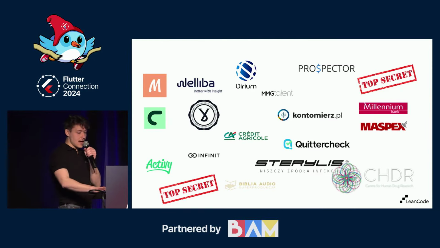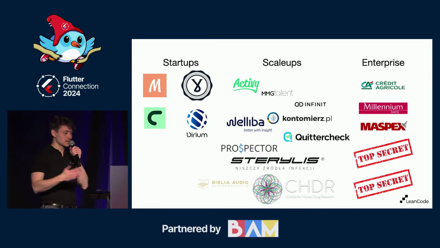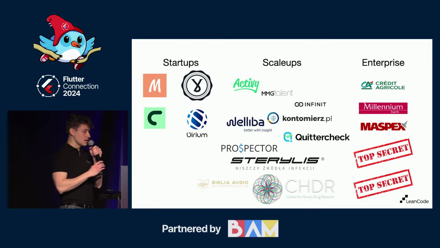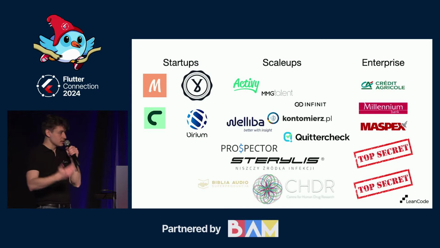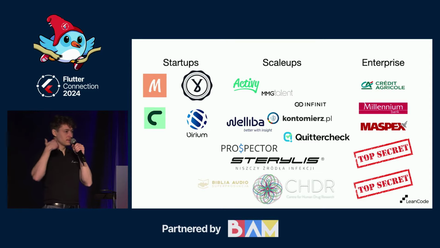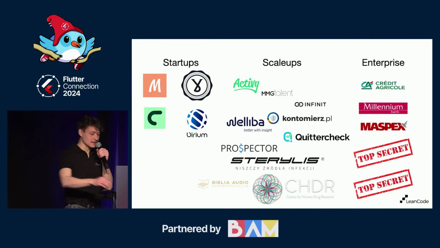You can categorize them in different dimensions. One of them is the type and size of the project. As you can see, we tend to do rather bigger apps, either enterprise apps, which are large-scale, or apps that you know from the start have to scale in terms of features, in terms of people and stuff like that.